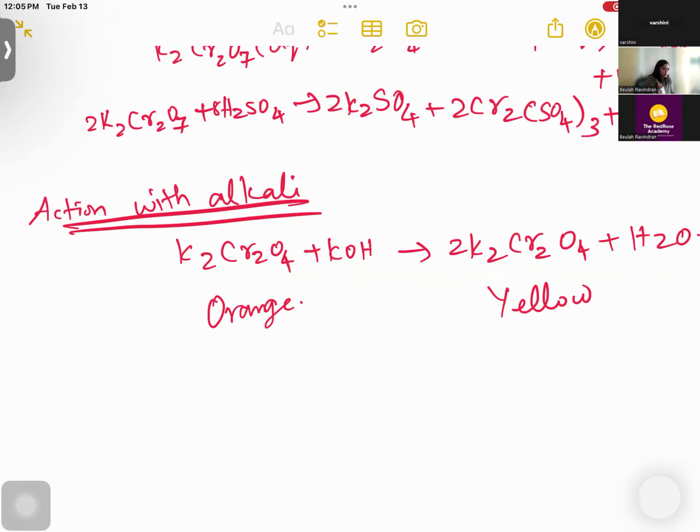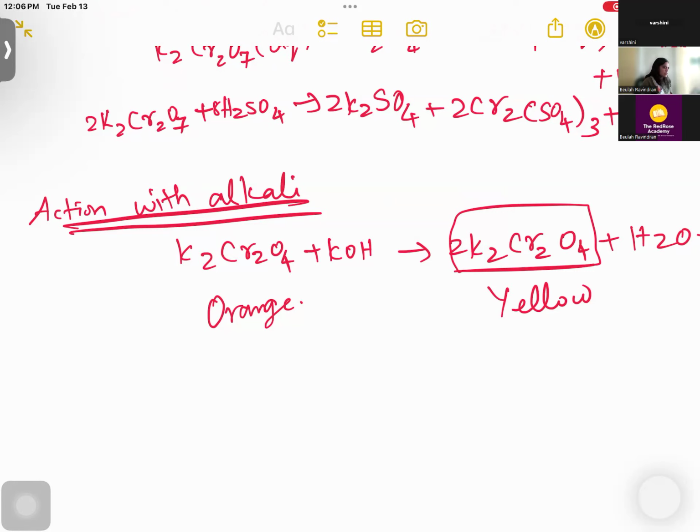So again, if the potassium chromate is acidified, then what happens? It again changes into orange color. That you know, right? So it is interconvertible. Okay, then what else is given in your book?